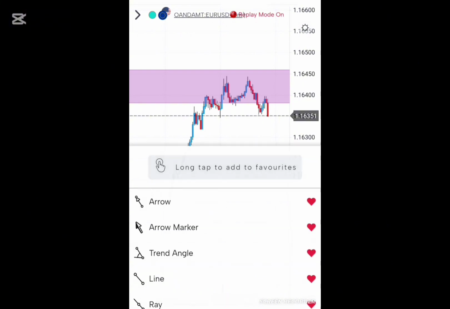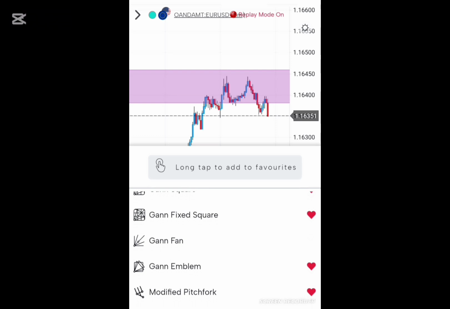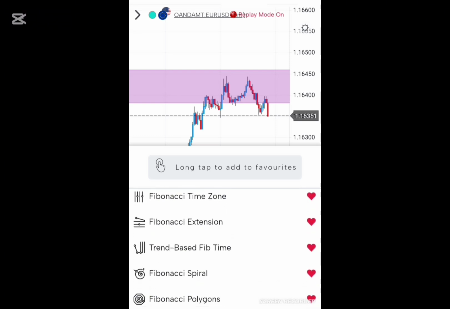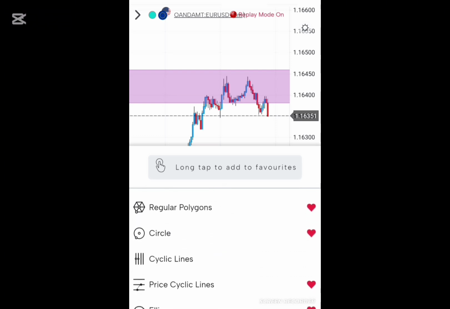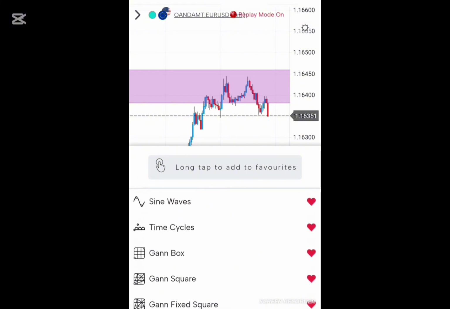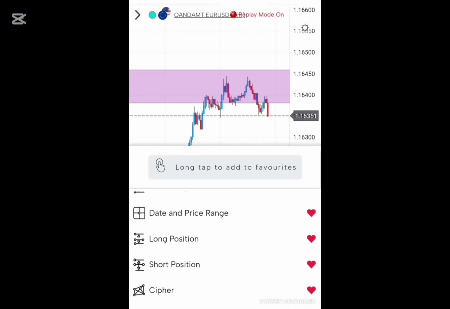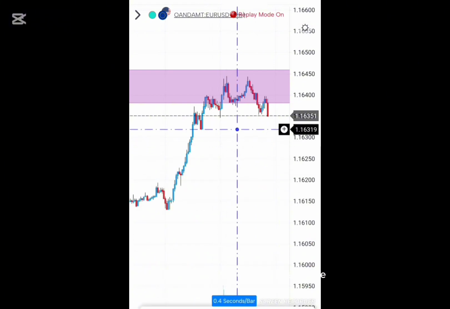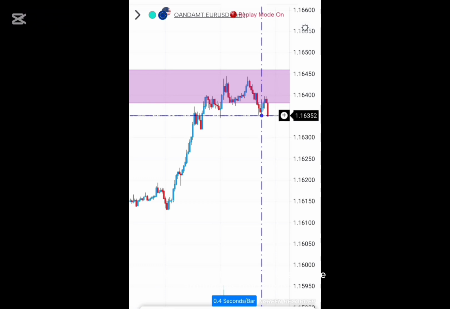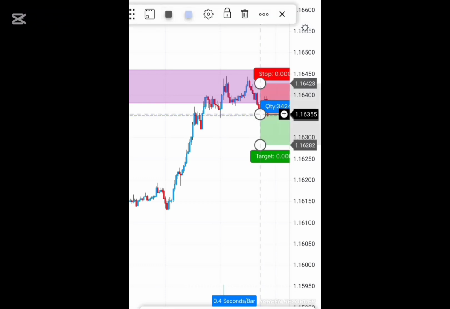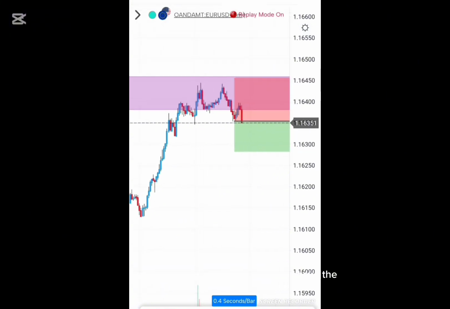Now go to our tools, and then we look for our short tool. Now we enter at the close of this candle around this point here. Our stop loss is just a couple of pips above the highs.